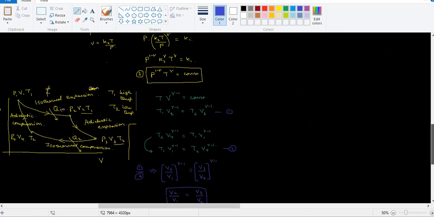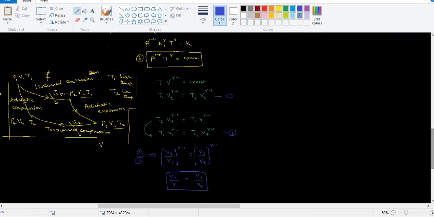Simple mathematics, as I always say, mathematics is the easiest part. But thinking and trying to understand what all these things mean, that is the difficult part.